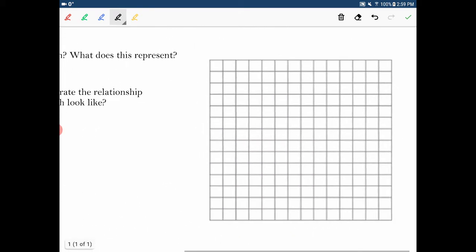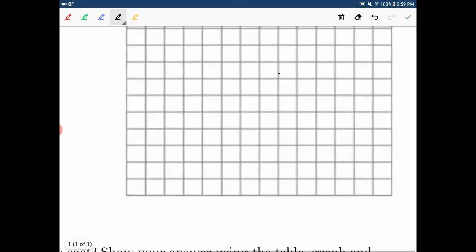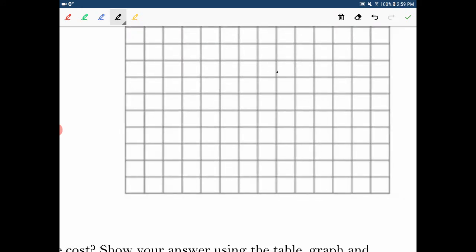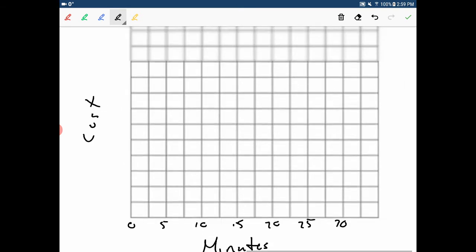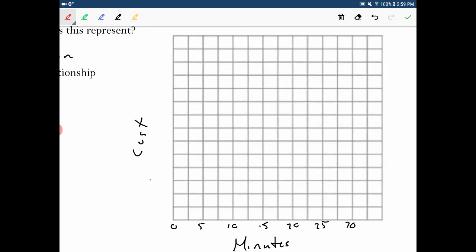So we can turn this into a nice little graph. Let's go up by 5s: 0, 5, 10, 15, 20, 25, 30. We'll call that minutes. And then we'll do cost along the y-axis, going 1, 2, 3, 4, 5, 6.